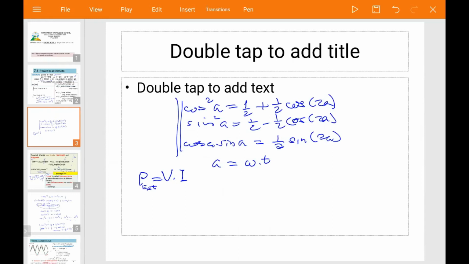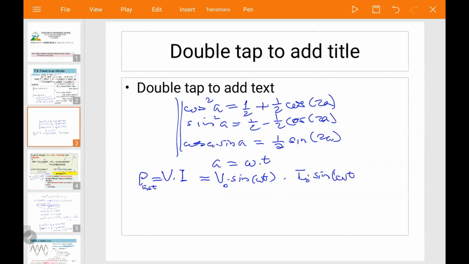So in general terms, what do we write for a sinusoidal equation? V is equal to V0 sine of omega t, and current I0 times sine of omega t.